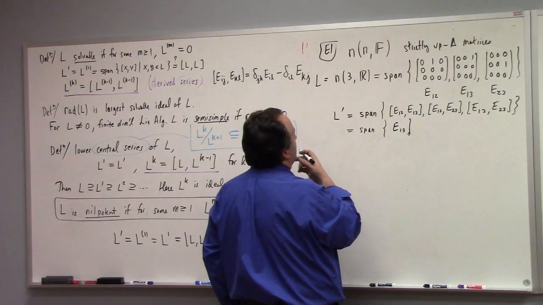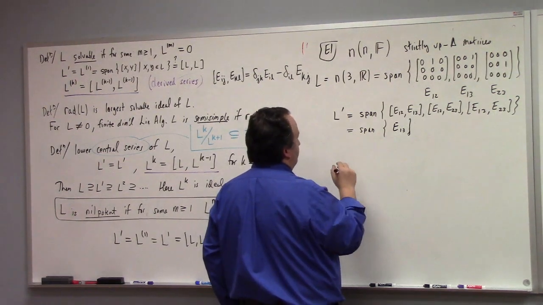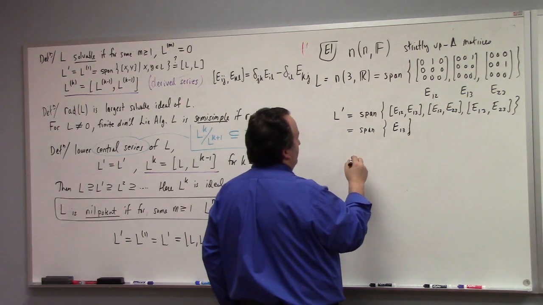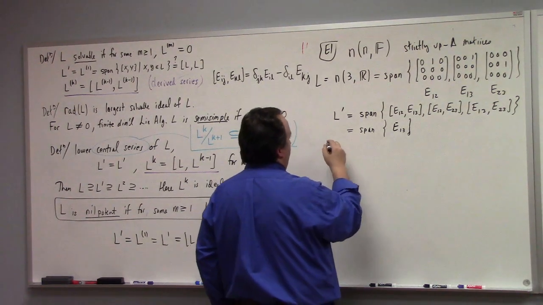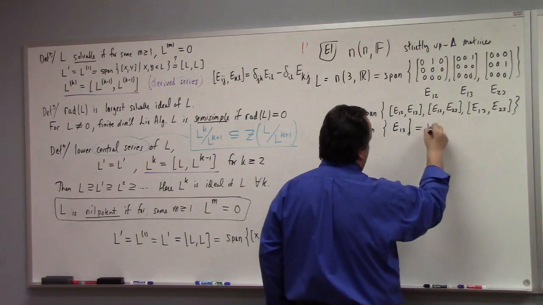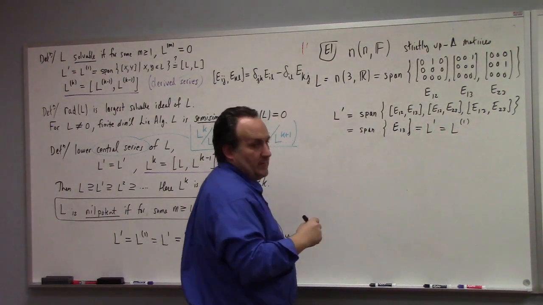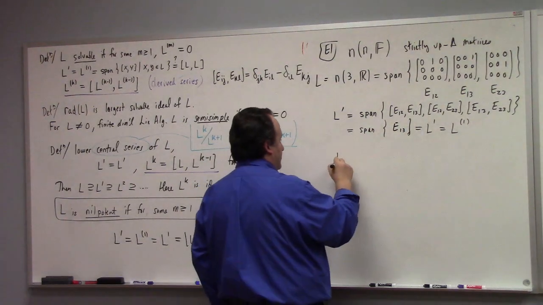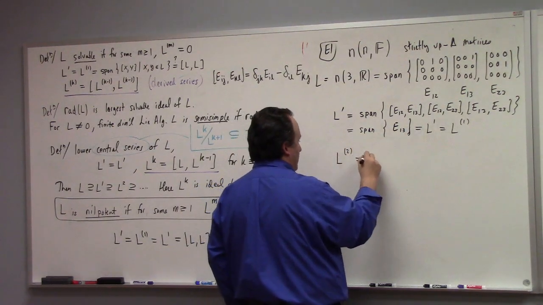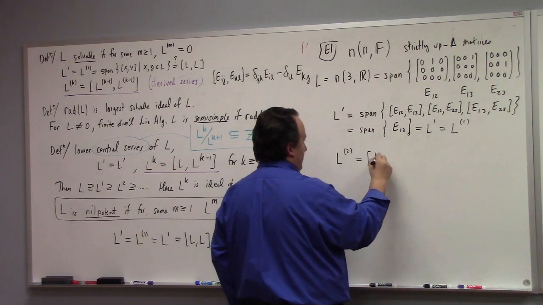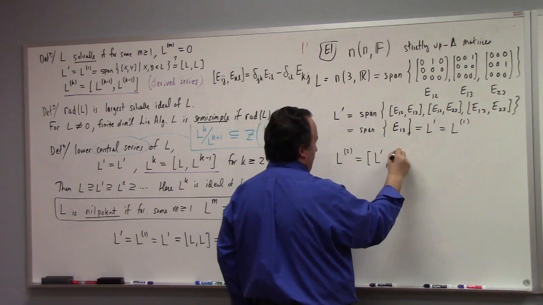Yeah, okay. So this is L prime, which is also equal to L1, also equal to L parentheses 1, right? So in this case, L parentheses 2 would be the bracket of L1, L prime, right?